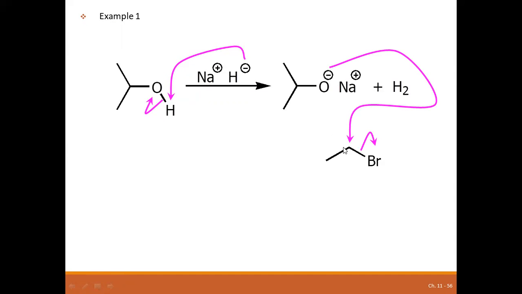Once you get your alkoxide, it will then attack your alkyl halide. In this case, with bromine, you use the alkoxide as your nucleophile to attack your carbon, and the bromine leaves. Between carbon and bromine, the carbon is partially positive and the bromine is partially negative.